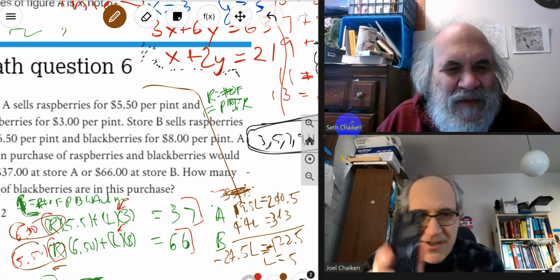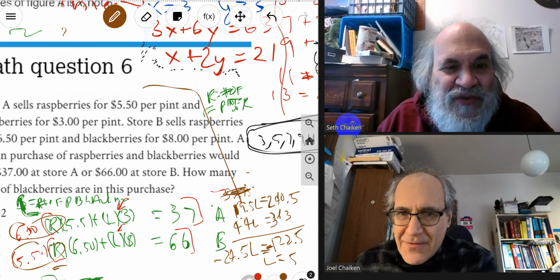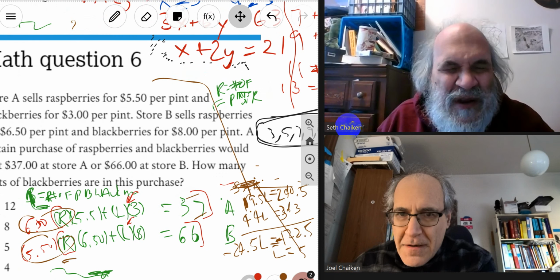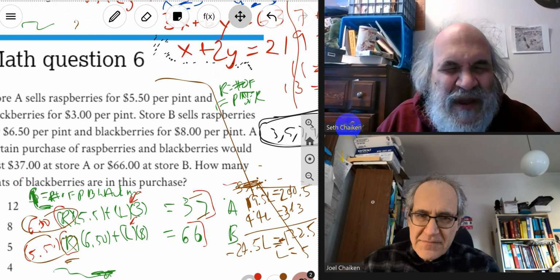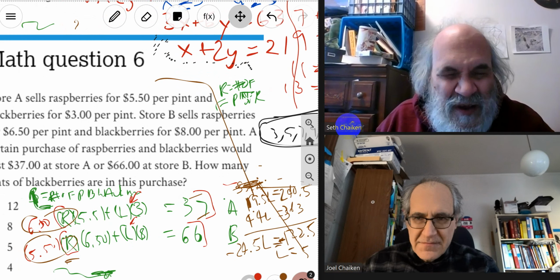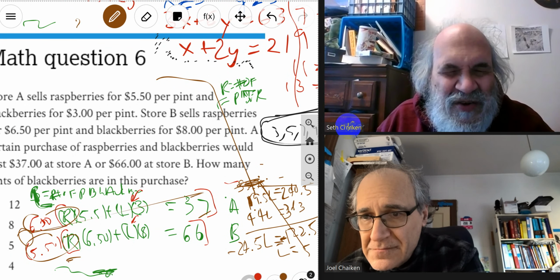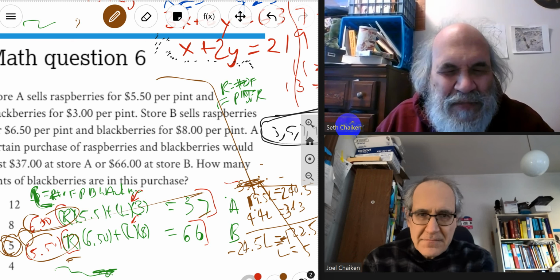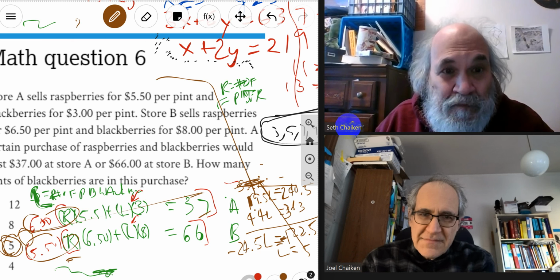Well, once you got 24 and a half times L equals 122 and a half, you could realize that the choices give only integers for L, so you could observe that L is 5 by approximation.